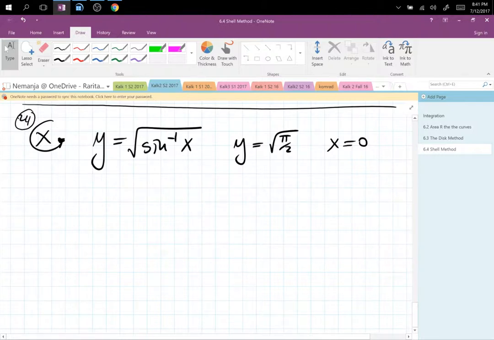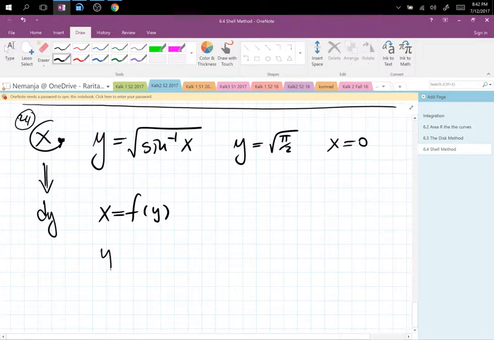So one more time. We have the rotation on x and the shell method. When you marry those two, you get dy. If you have dy, you have to plug in x as a function of y. But your function is y as a function of x, so you have to massage that.